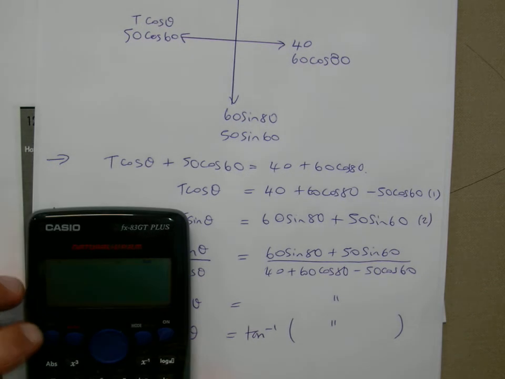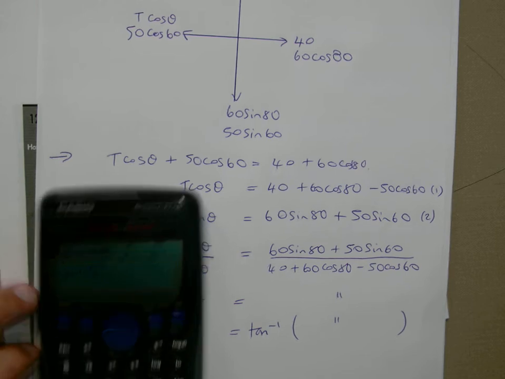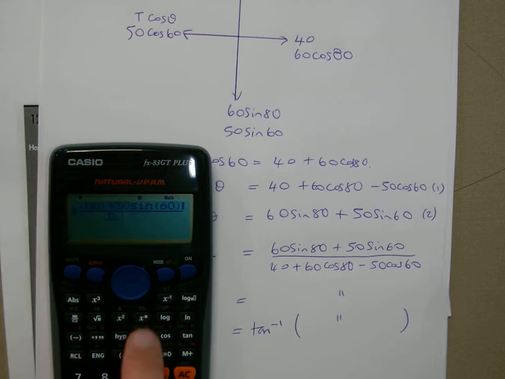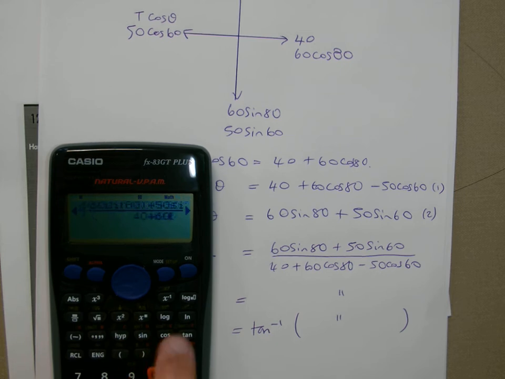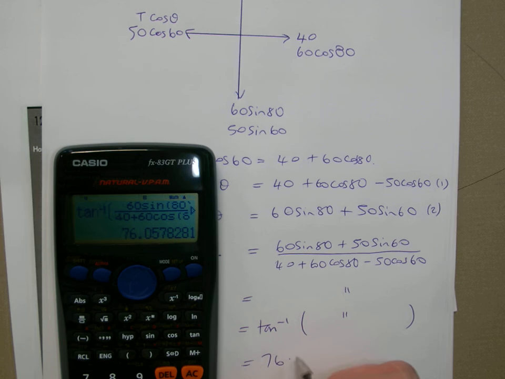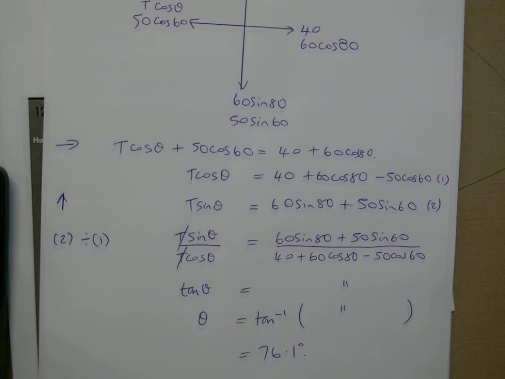I'll do shift tan, tan to the minus 1, fraction button, and type in 60 sine 80 plus 50 sine 60, arrow down, 40 plus 60 cos 80 minus 50 cos 60, then across, close the big bracket, press equals, and I get my answer to be 76.1 degrees. Fantastic.